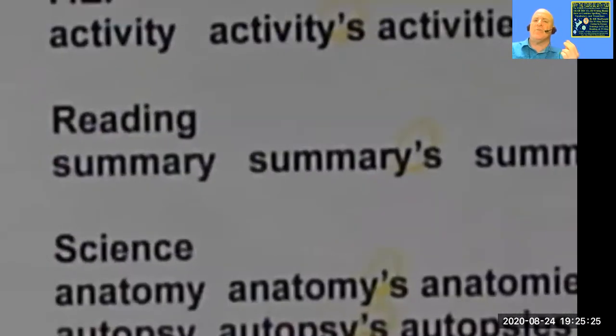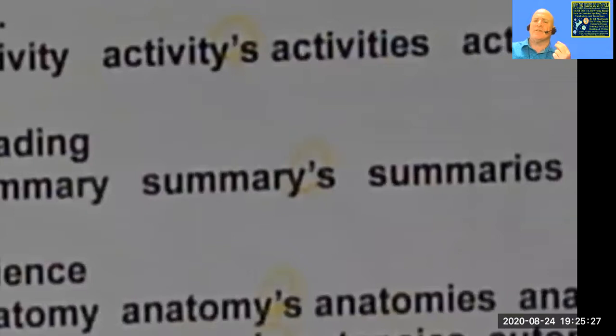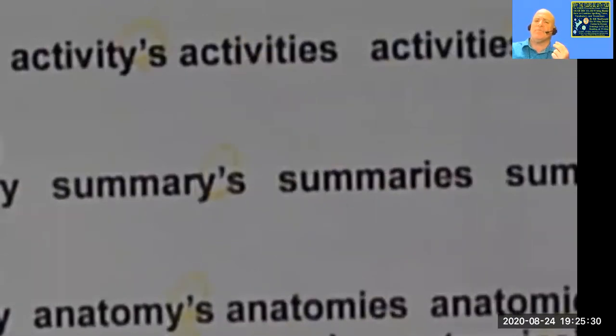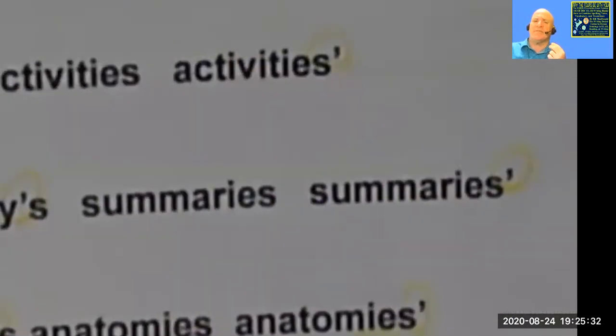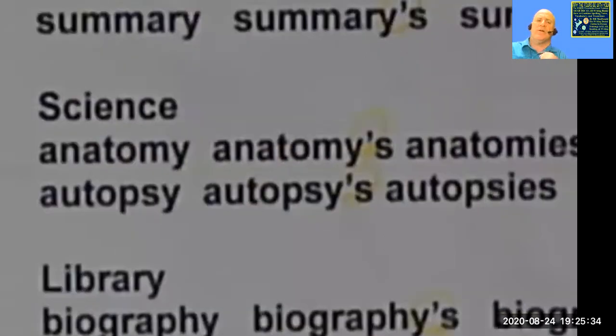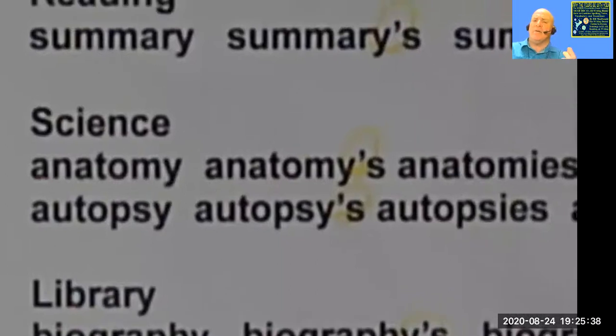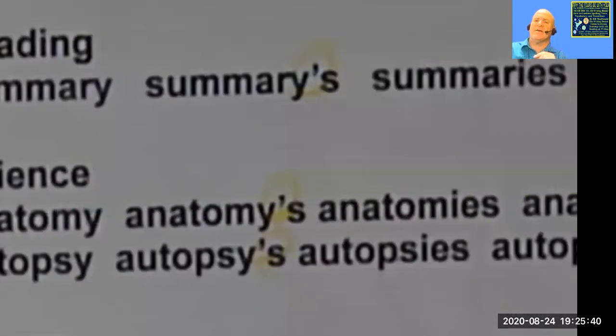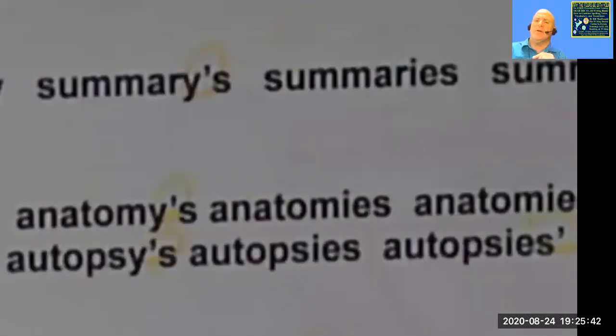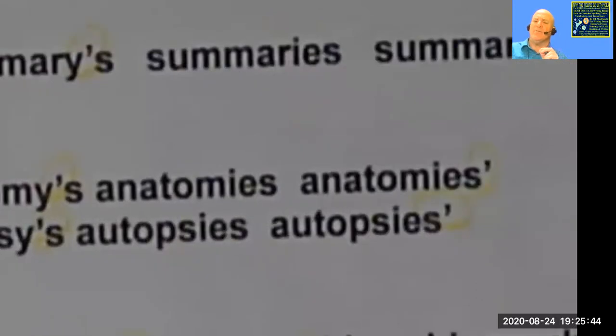Reading: a summary, summary apostrophe S, summaries plural, summaries' plural possessive. In science, we could talk about anatomy, singular, anatomy apostrophe S, singular possessive. Anatomies plural, or anatomies apostrophe, plural possessive.